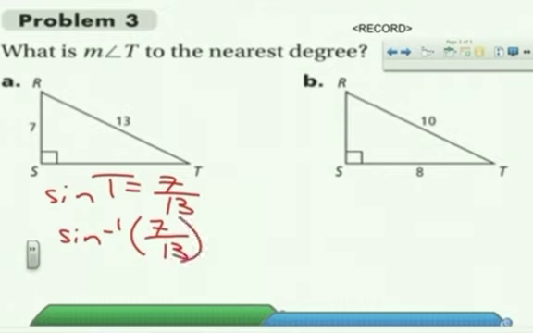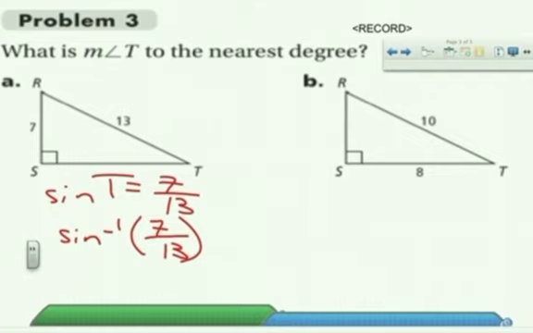And again, those of you whose calculators show the word sine when you hit that button, you're typing it in exactly as you see it on the screen. Do be mindful of the parentheses. Parentheses are important. If you have a calculator like mine, where the word sine does not show up on your screen, then in your calculator you need to do 7 divided by 13 equals, and then shift sine.